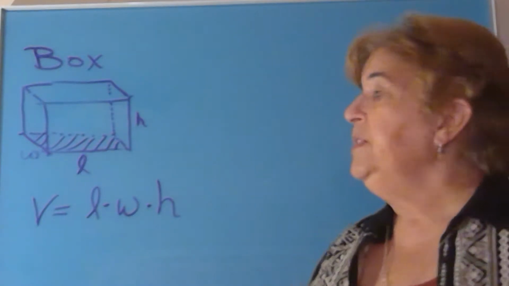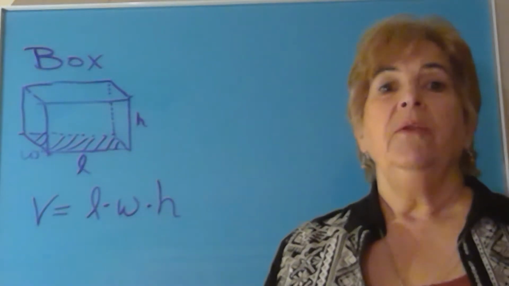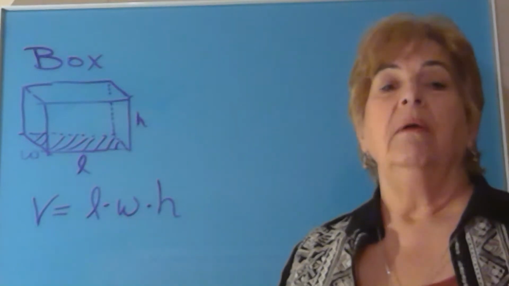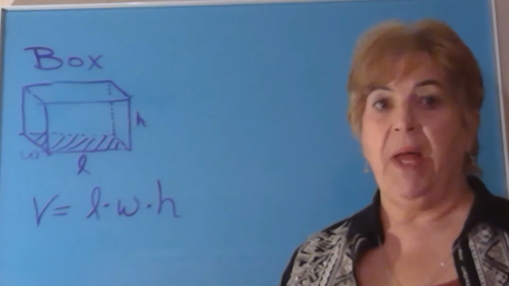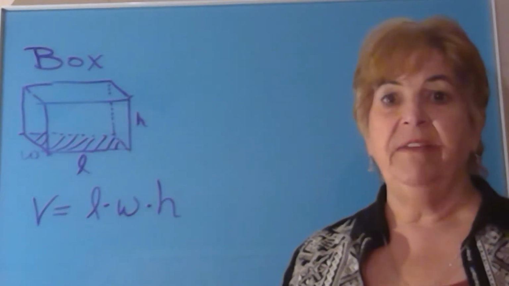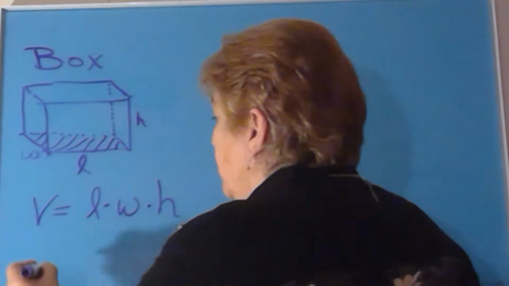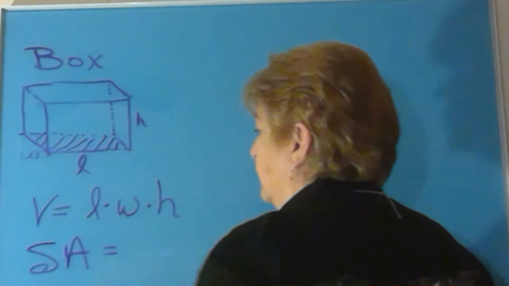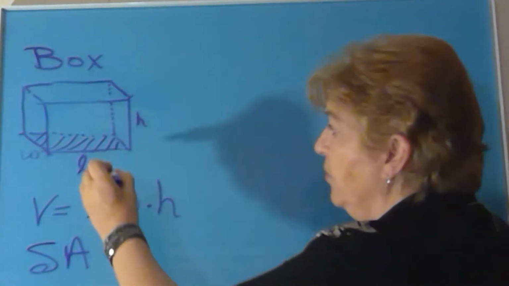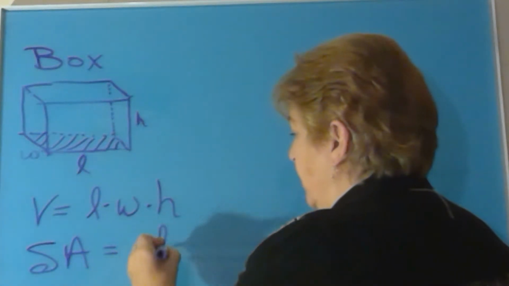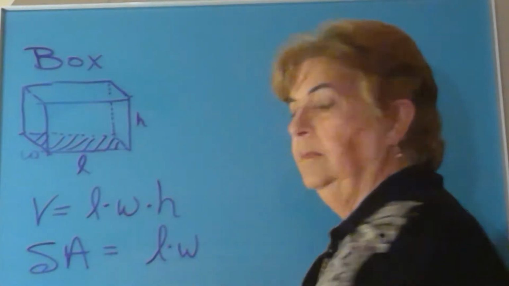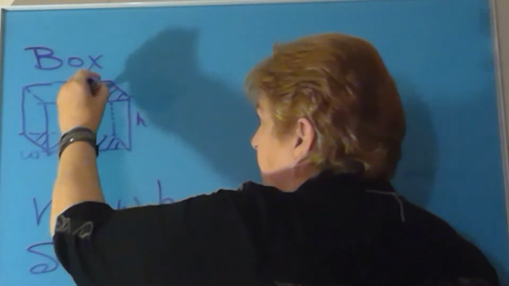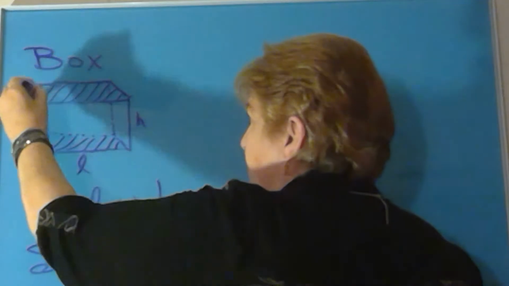Now, to find the surface area is the area on the outside, or what it would take to cover the box if you didn't have anything overlapping. So, to find the surface area, you'd have to cover the bottom. That's length times width. But the bottom and the top are going to have the same area.